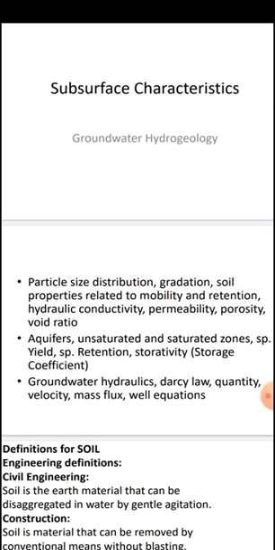Now we will be talking about the subsurface characteristics. And you know, subsurface consists of two major media: soil and groundwater. Soil is normally declared as unsaturated zone, and groundwater is termed as saturated zone.